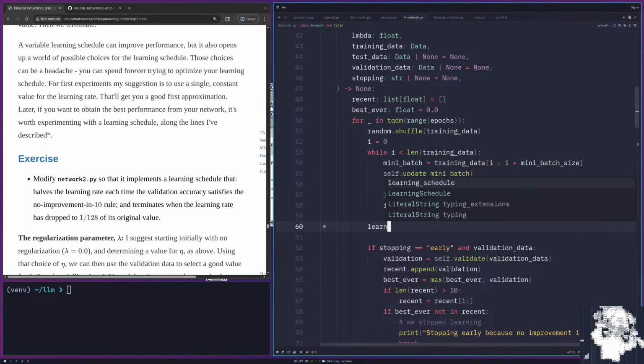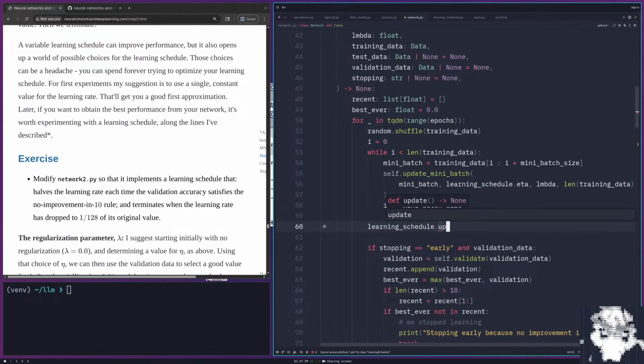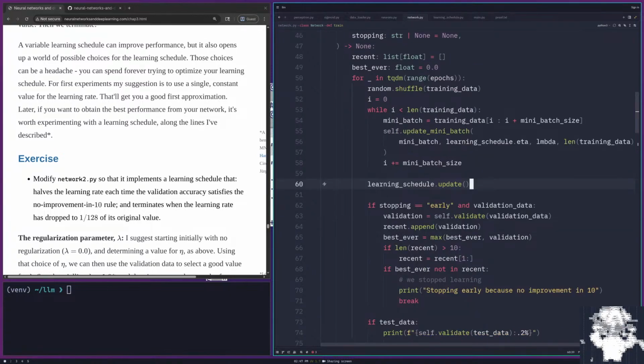So learning schedule dot update, which will let it change its own eta. But we need to give it enough information to know what it's supposed to be doing.